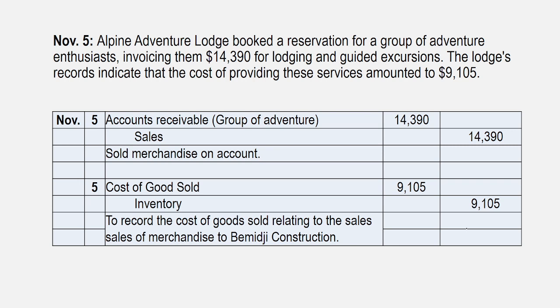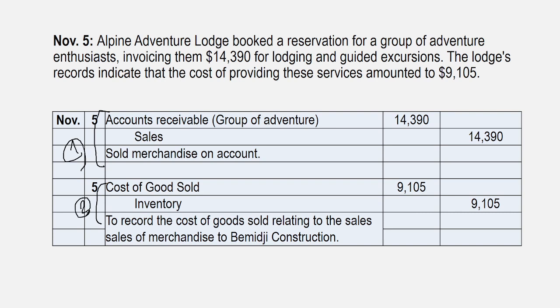As we know, when selling takes place in a merchandising company, we need to record it in two levels. The first level is recording the revenue. The next level is recording the cost of services.